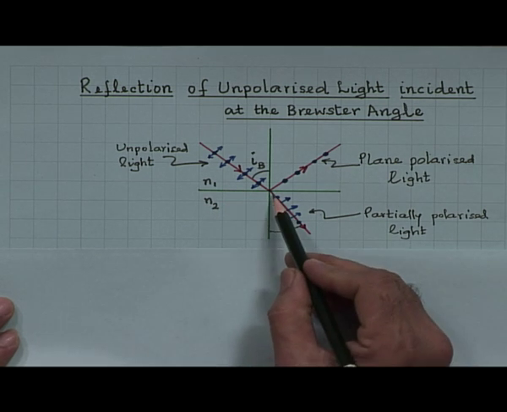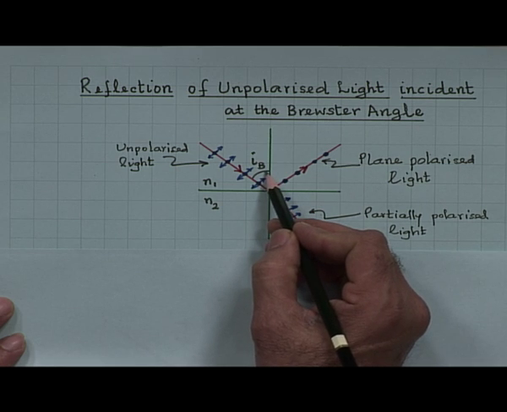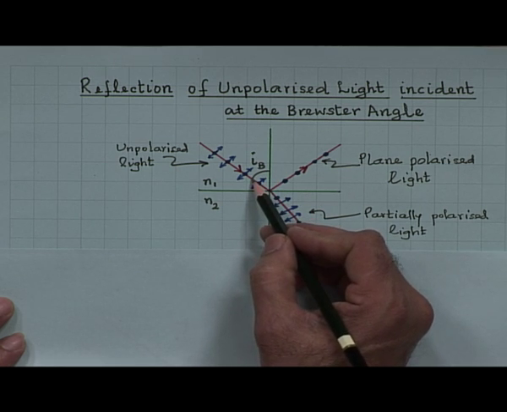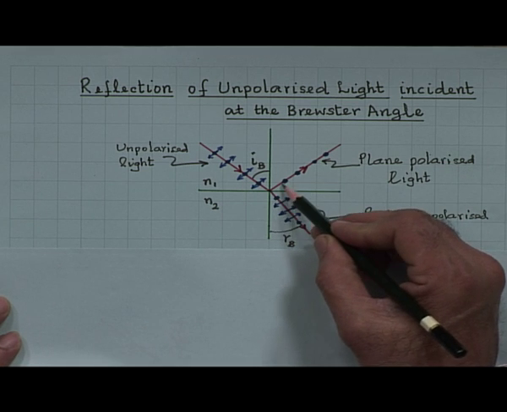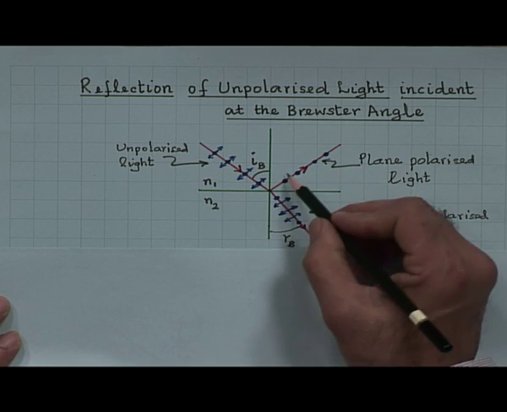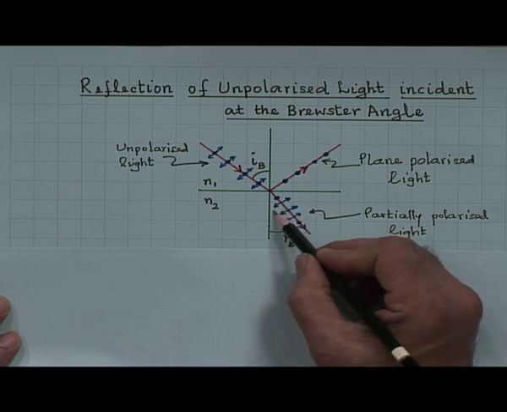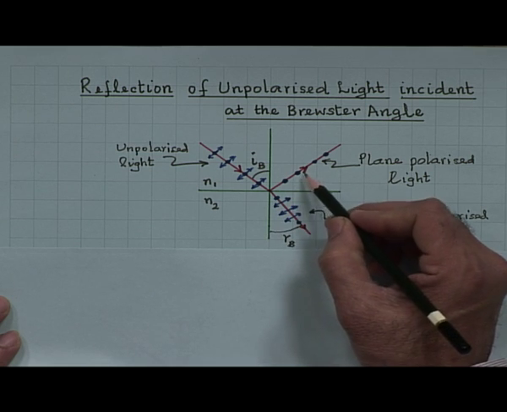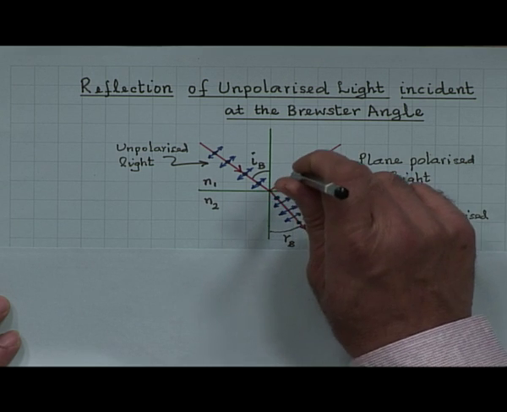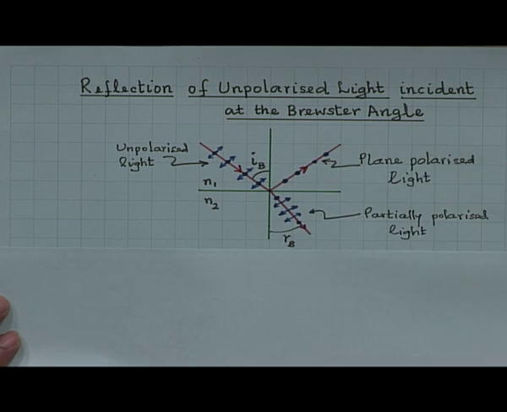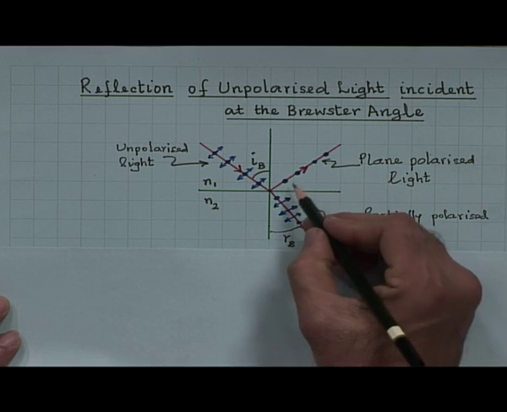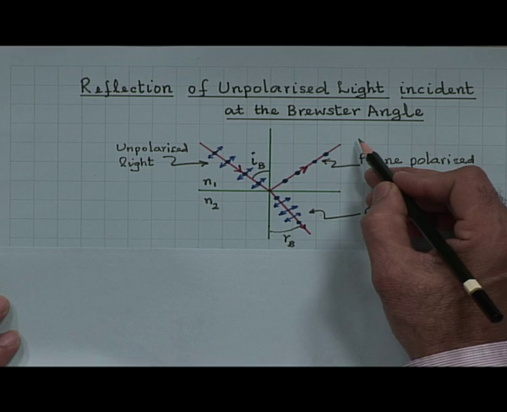What is observed is that when light is incident at the Brewster angle, the reflected light does not contain the component in the plane of incidence. It contains only the component perpendicular to the plane of incidence, which means it is completely polarized.